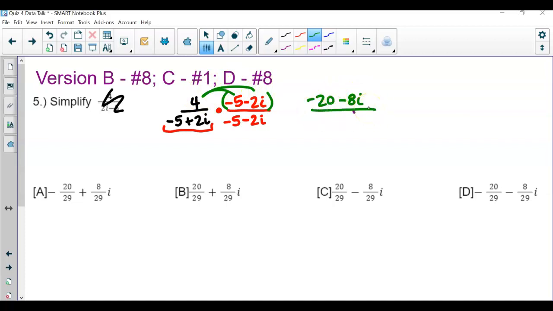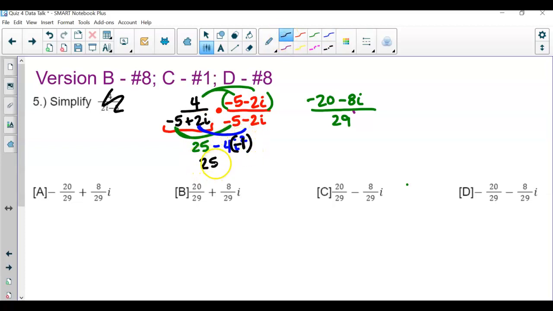Over, notice how in the denominator, all of the answer choices all have 29. Now, I'll still go through this and solve so you guys can see, but use test-taking strategies. So this is negative 5 times negative 5, which is positive 25. Then here, 2i times negative 2i, negative 4i squared. But remember, i squared is always negative 1.